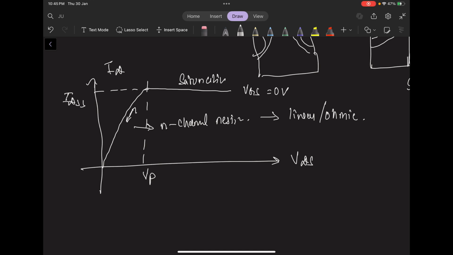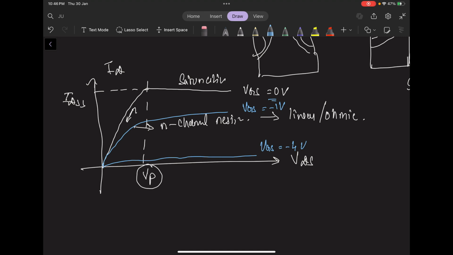Now in this curve, this pinch off voltage is actually the most important factor we need to deal with. Now let's say VGS was 0 volt over here. If we give VGS as, let's say, -1 volt, then the curve would appear something like this. And similarly, at let's say VGS is equal to minus 4 volt, the curve would almost be flat.